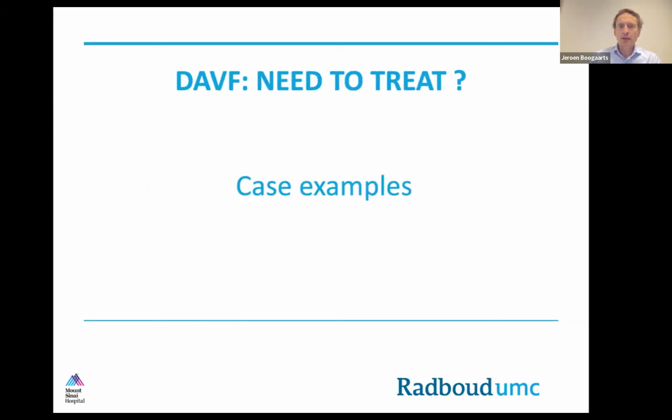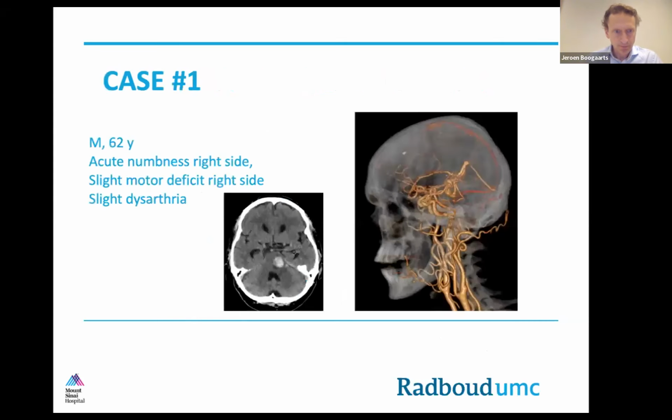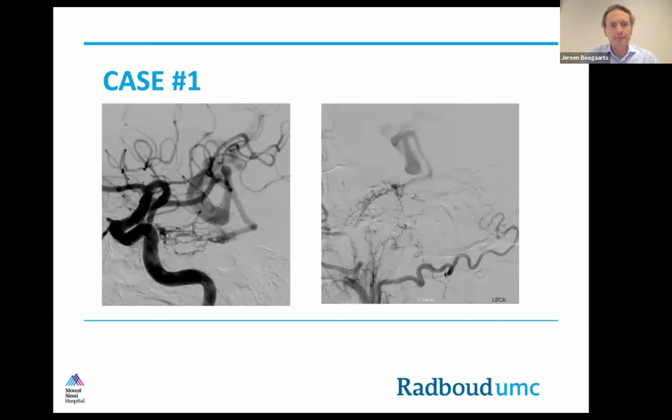So let's go over some case examples. This patient, male, 62 years old, had acute numbness on the right side, a slight motor deficit on the right side, and a slight dysarthria. There is a hyperdensity on the CT, but no signs of bleeding.